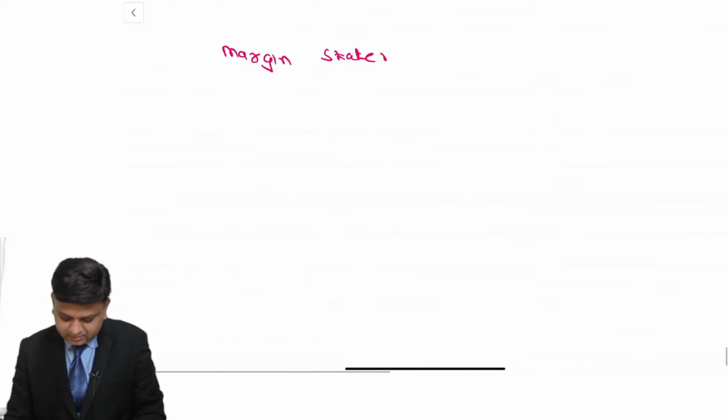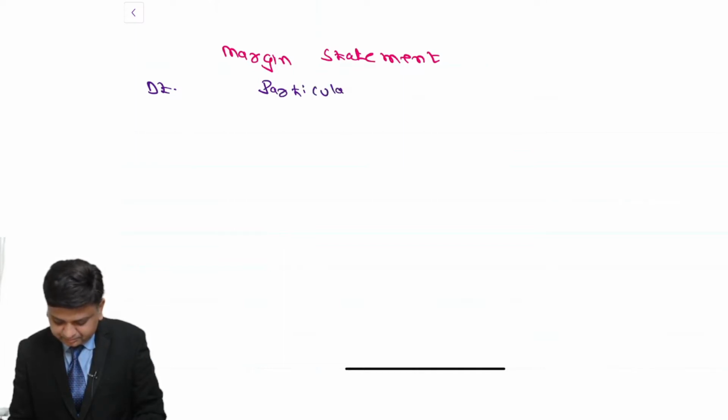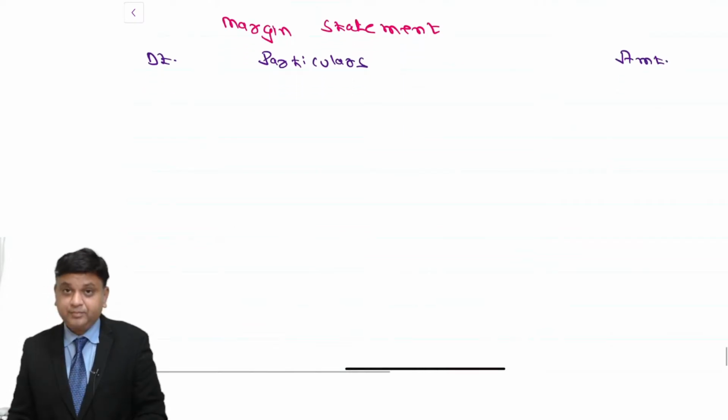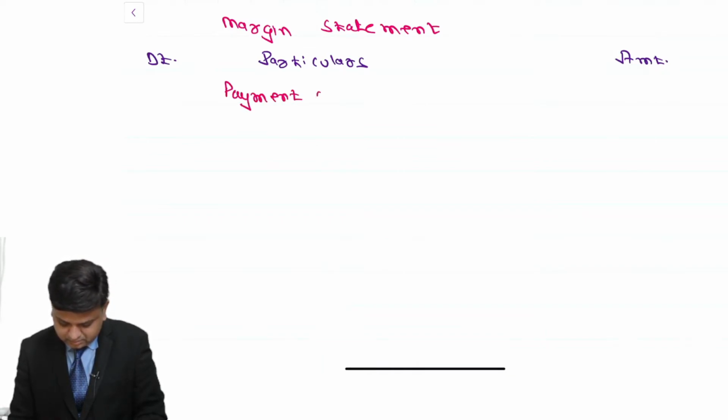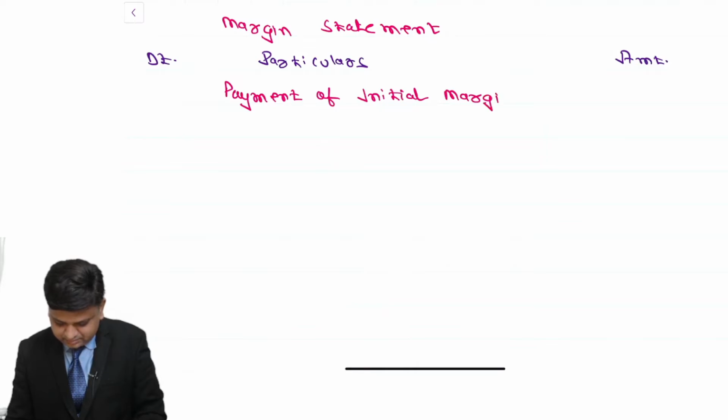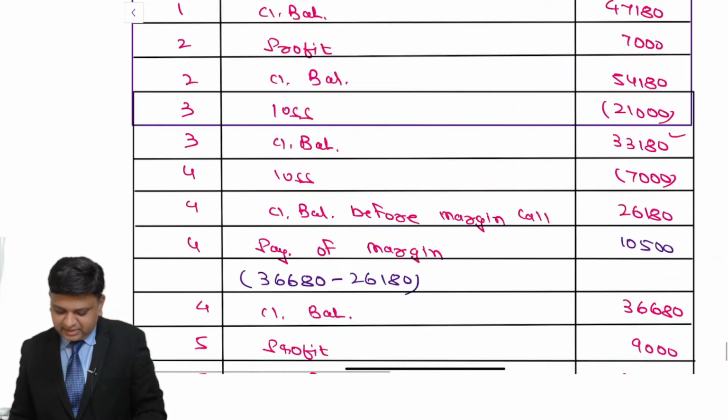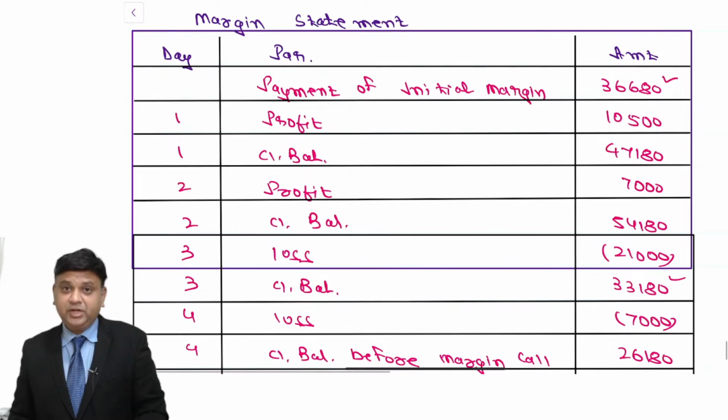Again, in that, column number 1 is date, column number 2 is particulars, column number 3 is amount. So you start with the payment of initial margin. The amount of the initial margin that you pay is 36680.